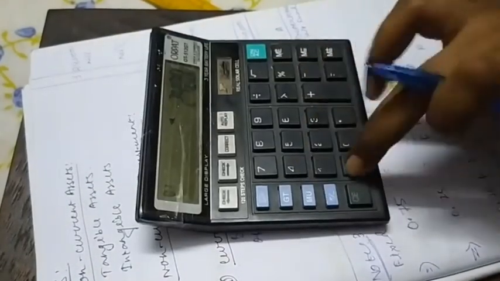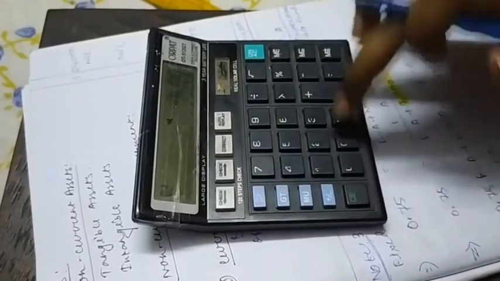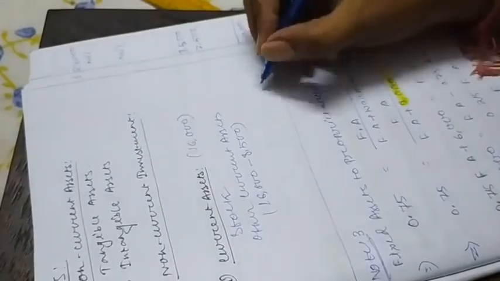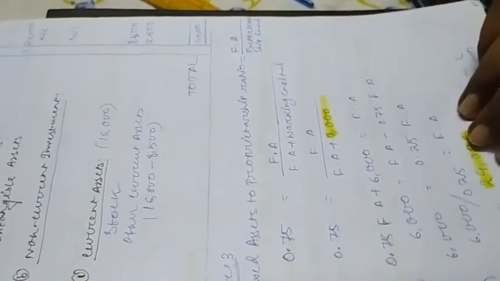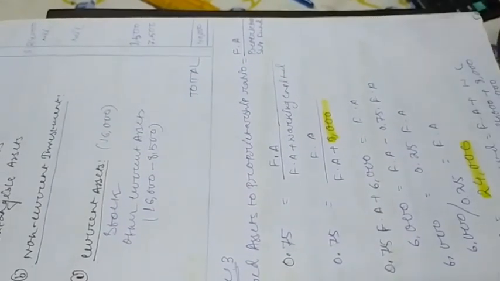So 24,000, 8,500 and 7,500 make 40,000. This is the total asset, and asset and liability both tally. So that's the whole problem. If there are any confusions or doubts, then ask me. Okay, bye.